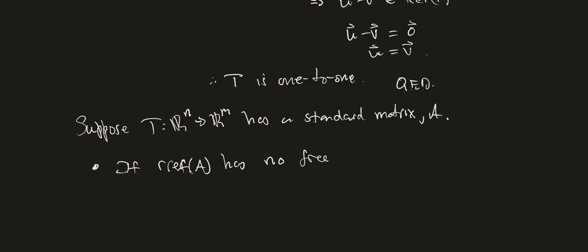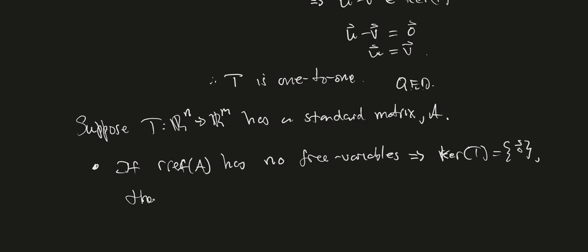So if the RREF of A has no free variables, then this means that the kernel of the transformation is just the zero vector, right? So this implies that the kernel of T is simply the zero vector.